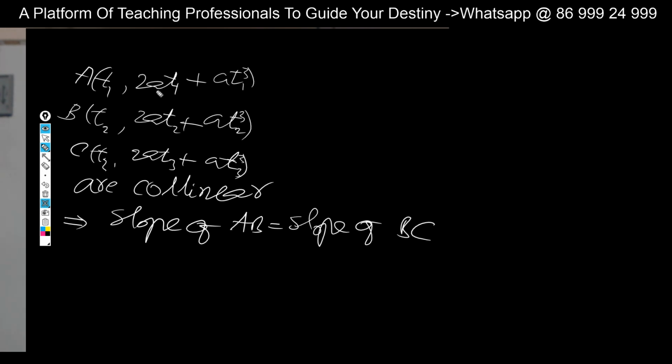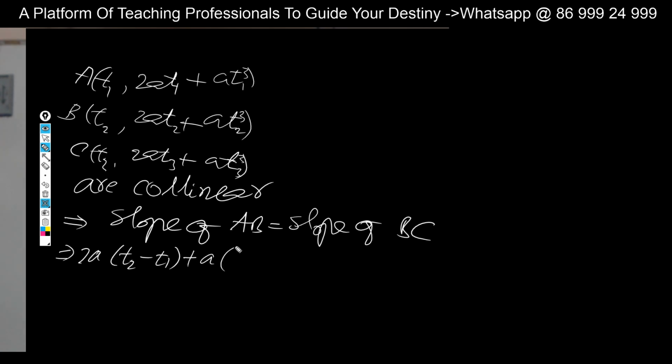If you write y2 minus y1, you will get 2a common. Within brackets you will get t2 minus t1. Here also you will get a common. Within brackets you will get t2 cube minus t1 cube.